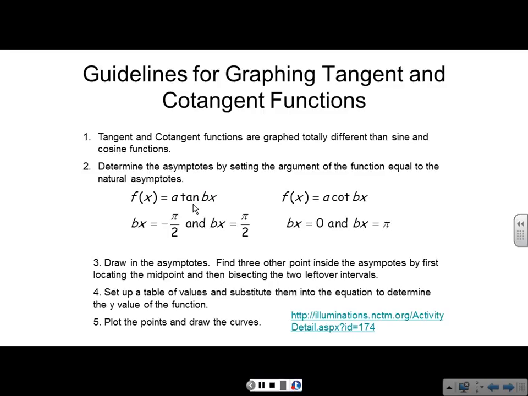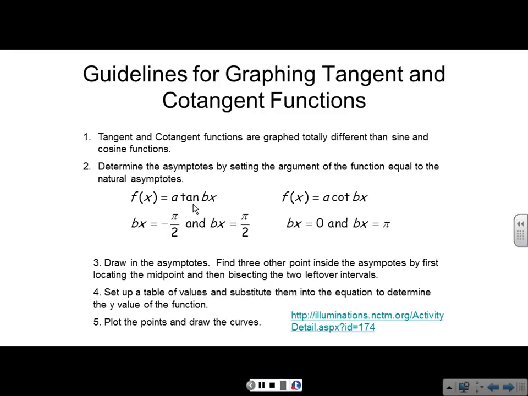Again, have your unit circle available. Negative pi over 4 is negative 45 degrees, so we're using the 45-90 reference angle, and so that's going to be negative 1.